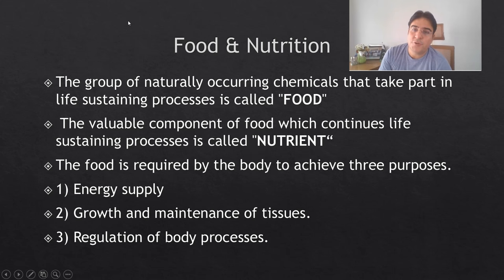And then comes tissue maintenance. Obviously, when you are running and you are working, your body undergoes wear and tear, like a car running on the road. The petrol is the energy the car is burning, but you don't spend only on the petrol.